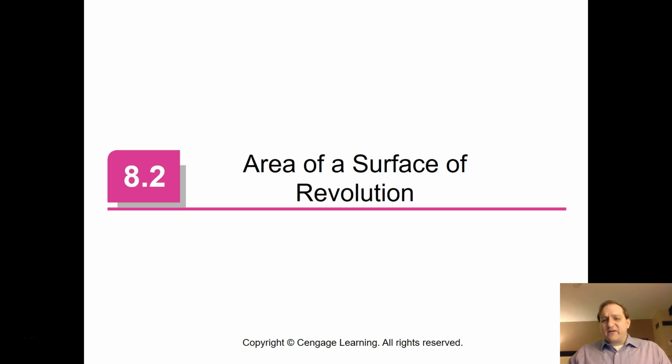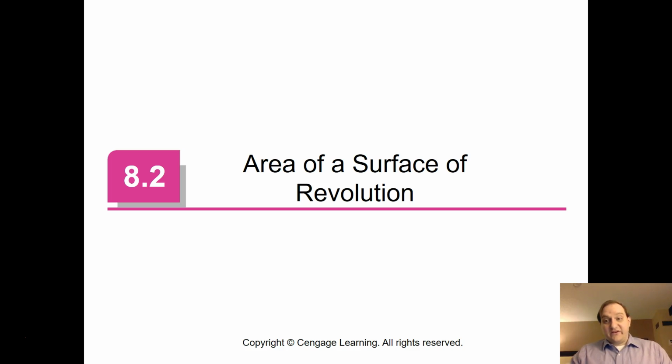It's a little weird because there are four different cases. It gets a little complicated, but it's basically the same formula, with really minor adjustments depending on whether you're revolving about the x-axis or the y-axis, or depending on how the curve is given.